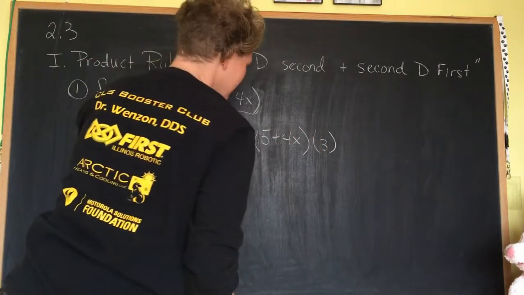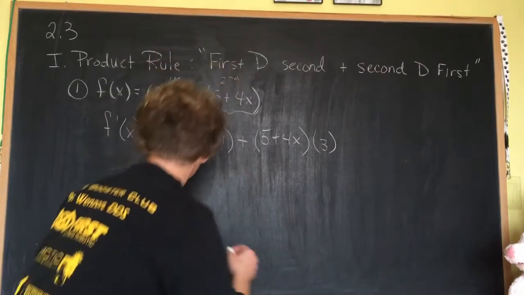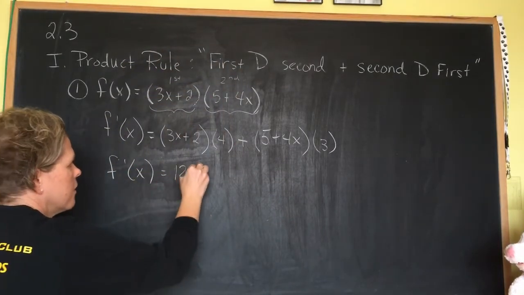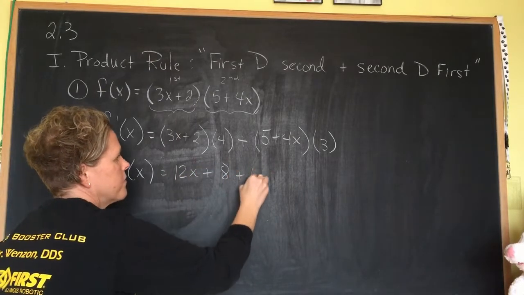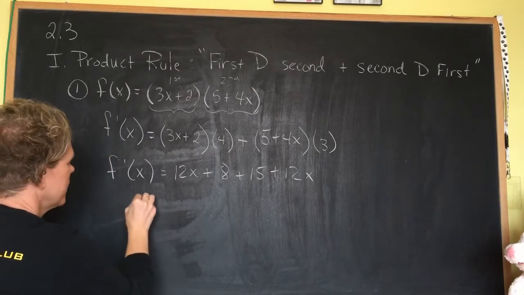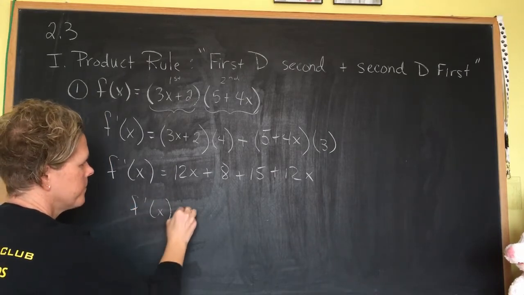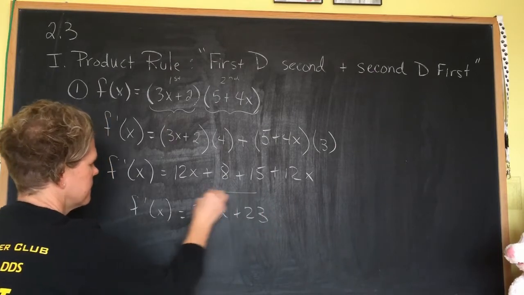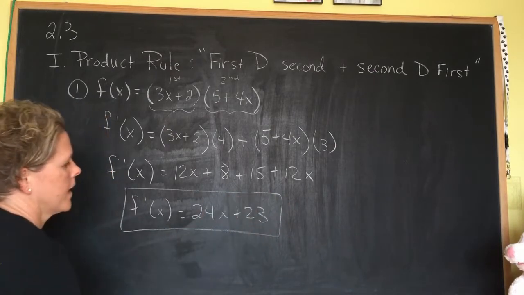After you've done that, that's kind of the difficult part. Now we just clean it up. So my derivative, if I distribute, I got 12x plus 8 plus 15 plus 12x. So my derivative is going to be 24x plus 23. And then that's your answer.